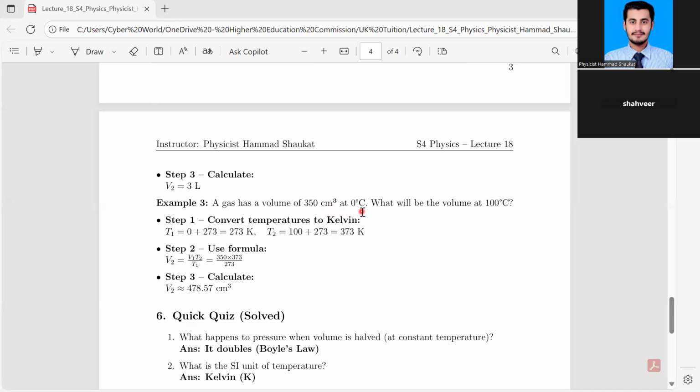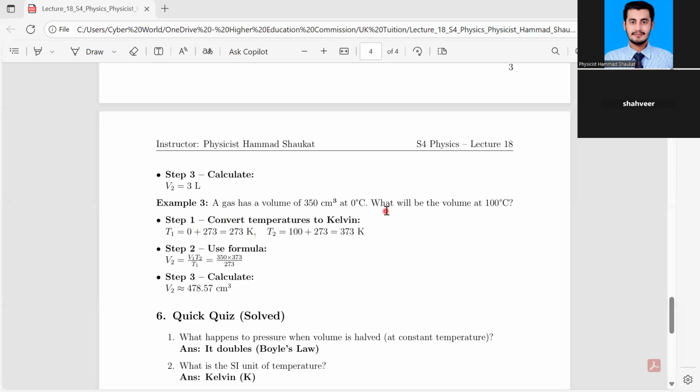Do we need any conversion here for T1? Yes, we need. So how can we convert Celsius into kelvins? Add 273. Yes, by just simply adding 273. So 0 degree Celsius, 0 plus 273, you will get the same 273. So the value for T1 is 273 kelvins.